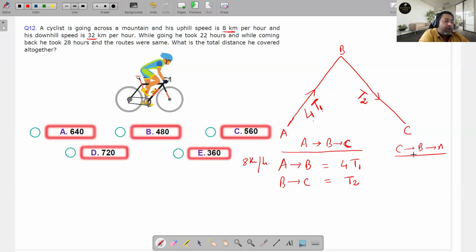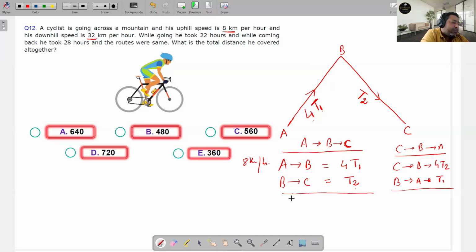Now, while he's coming back, if he's taking t2 time to come down, then going back at 1/4 of that speed, which is 8 kilometers per hour, C to B will become 4 times t2. And then B to A will take t1 time, because then the speed is 4 times, correct?